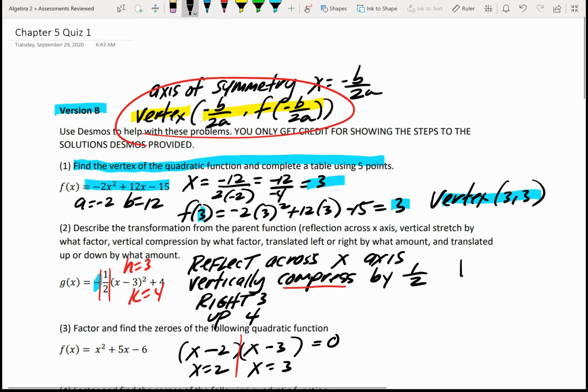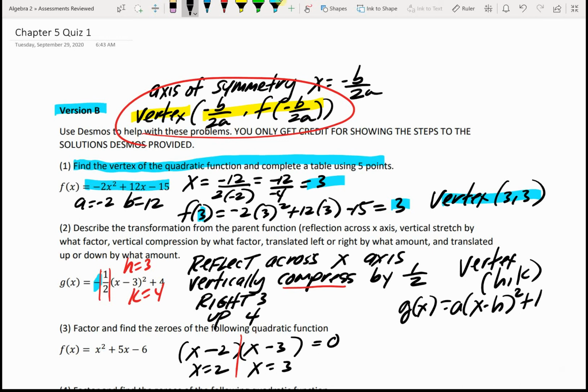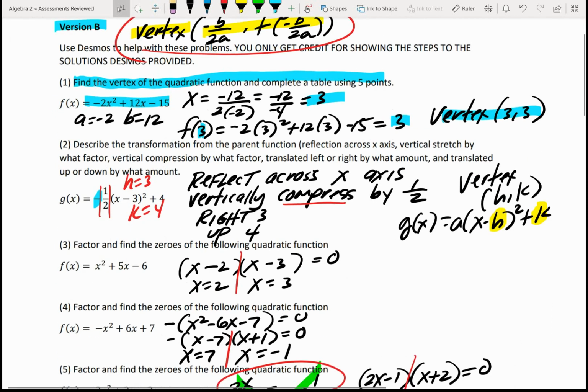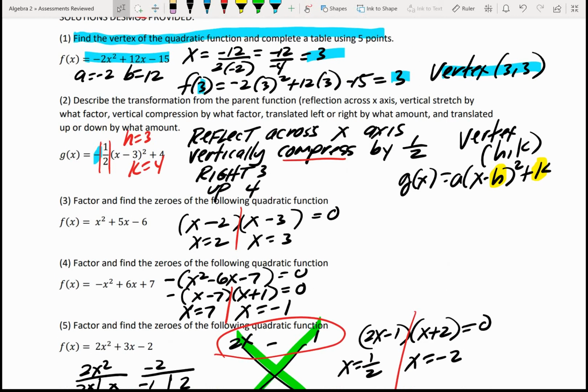Again, remember the vertex is (h, k). The general form, g of x equals a times x minus h squared plus k, where h and k is your vertex form.